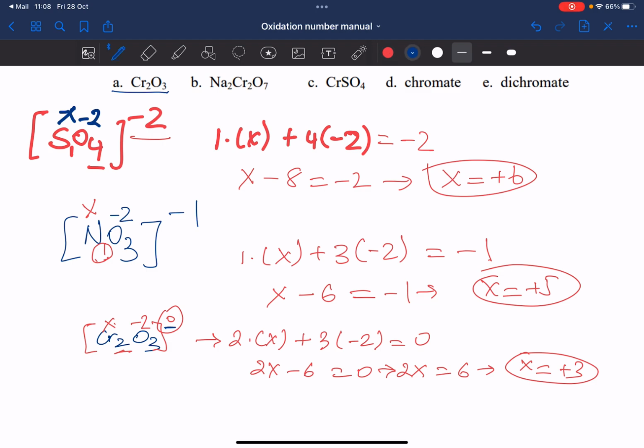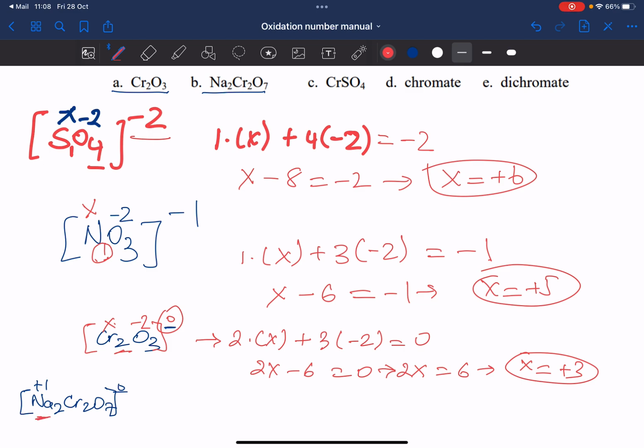Okay, and now we do this guy over here, Na2Cr2O7. So overall there's no charge given on it, so we know that it adds up to 0. So sodium, we know that it is +1 from our list above. That's our second rule, and it's a first group element, right?